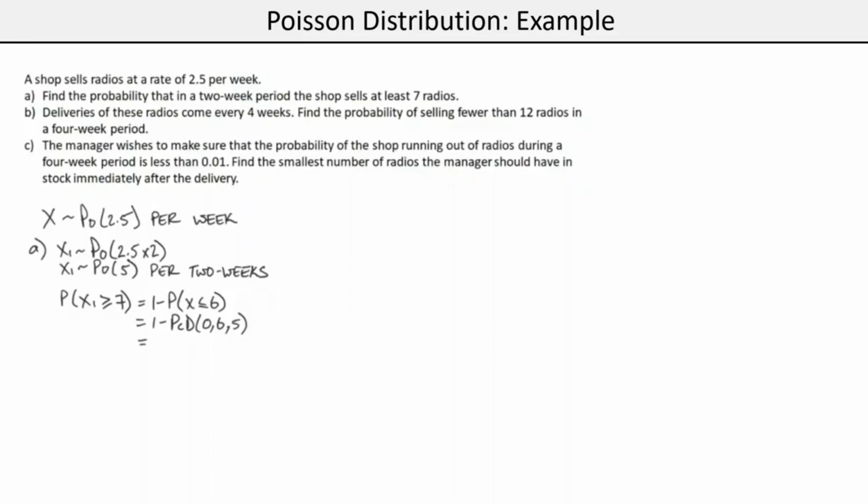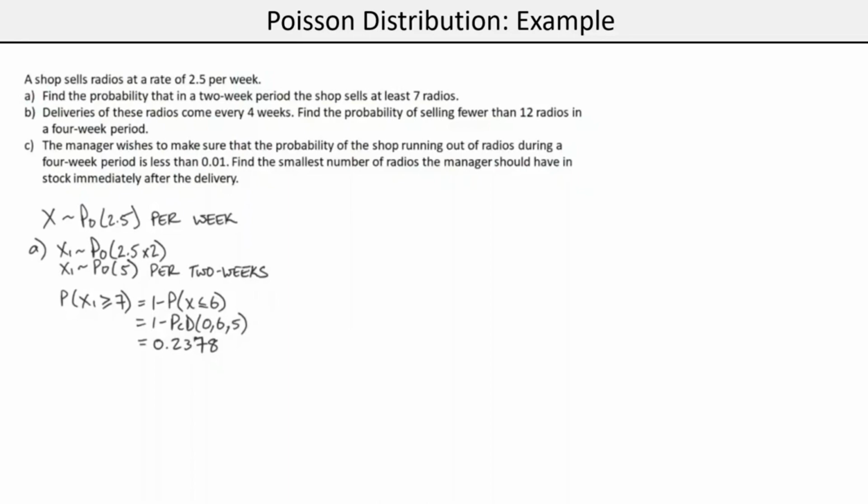And on your calculator, it's PCD for the minimum, 6 for the maximum, and 5 for the average. Your lambda value, your parameter, is 5. All of this into your calculator and you get 0.2378. So there's a 24% chance that they sell at least 7 radios.